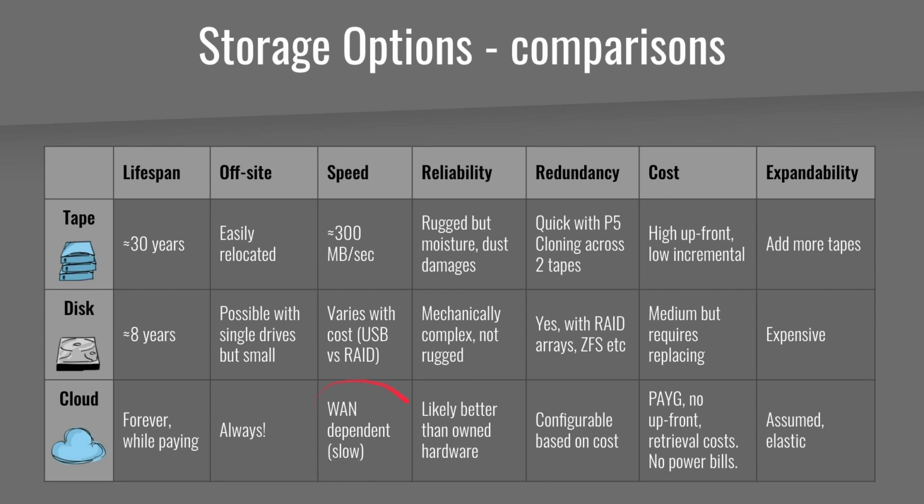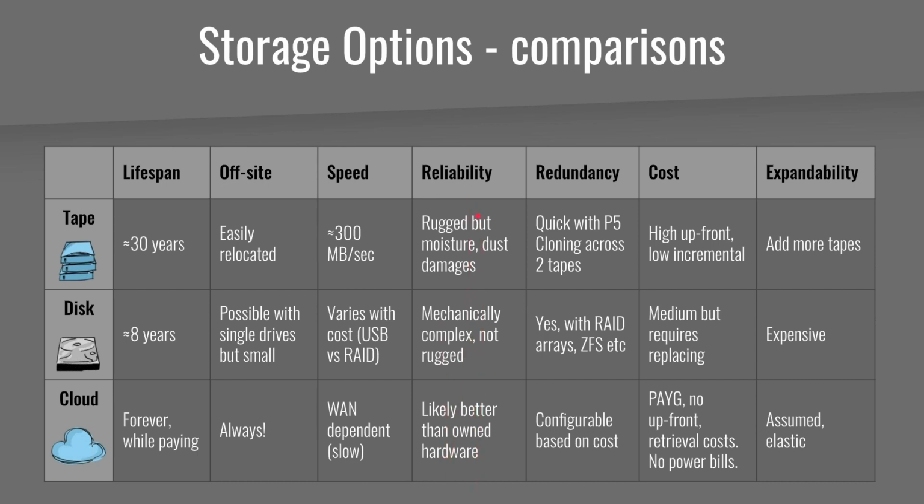Cloud, the data center storage is probably very fast, but your wide area network internet upload bandwidth will be the bottleneck. If that's slow, then you need to factor in how much you're going to archive in a given week and how long that will take to upload. If that takes 2 weeks to upload, then you don't have a solution that works, and you need to buy tape hardware or upgrade your internet connection.